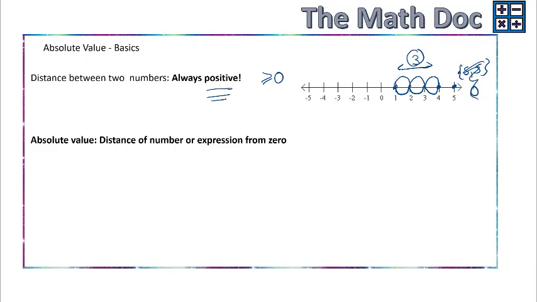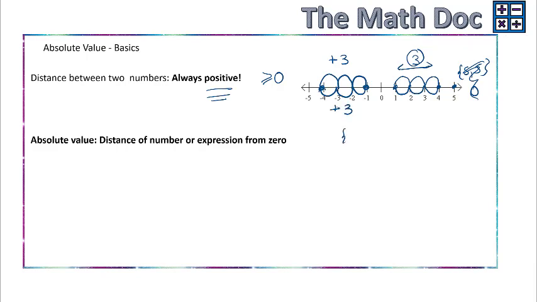So if we're looking here at -4 and -1, we do the same thing. We count the steps. 1, 2, 3. The distance is +3. If we go the other way, again, 1, 2, 3, and we get +3.